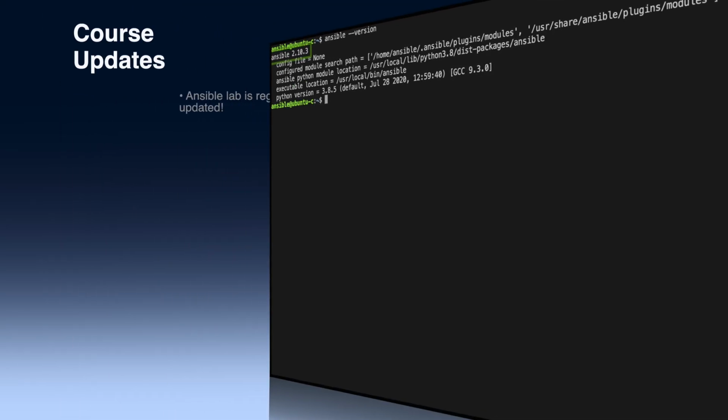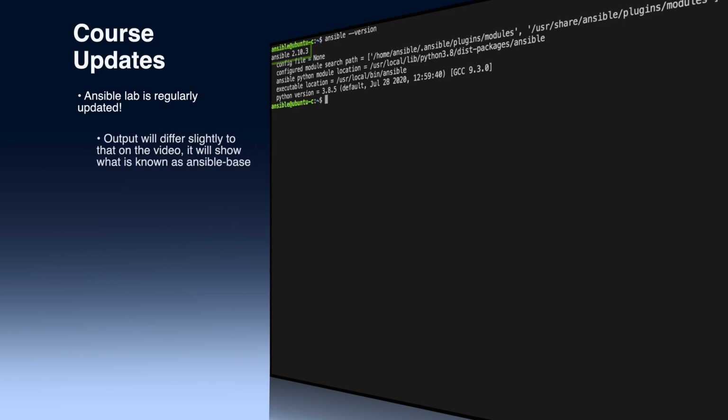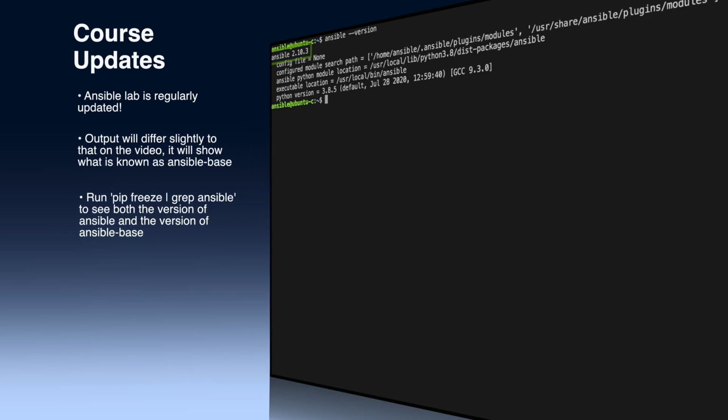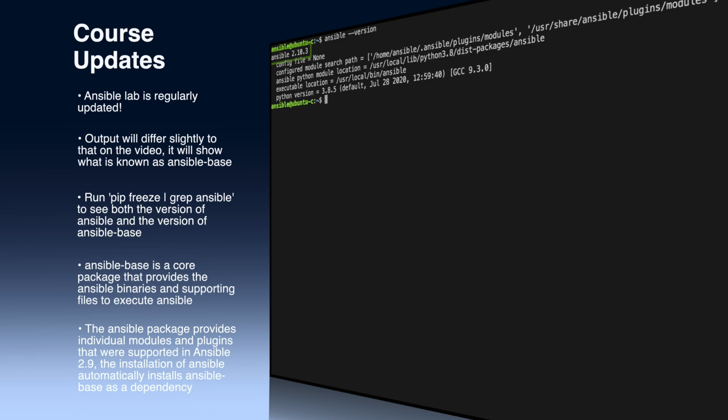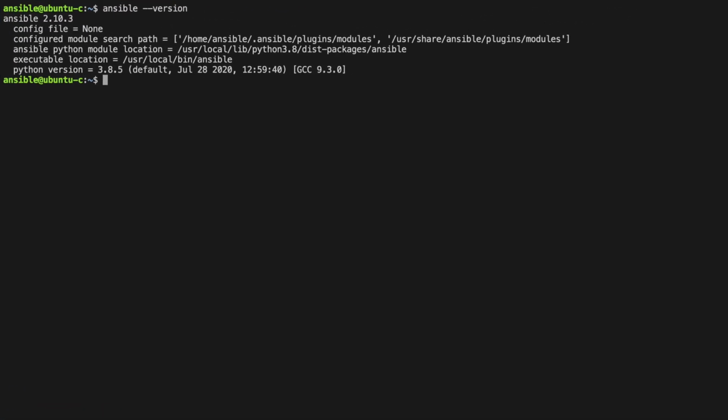Periodically, I will be updating the lab images, so when you actually run this, you may see a newer version of Ansible, or as I just referenced, Ansible-base. Don't worry about this if you do. The course has been designed so that any updates to the Ansible version will work with all of the content on the course. Of particular interest here is the entry which says config file.